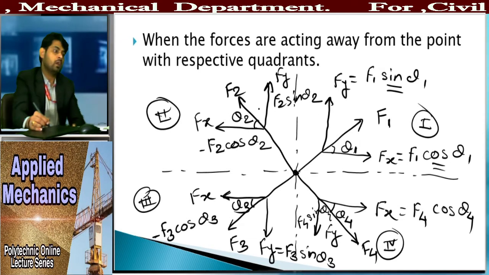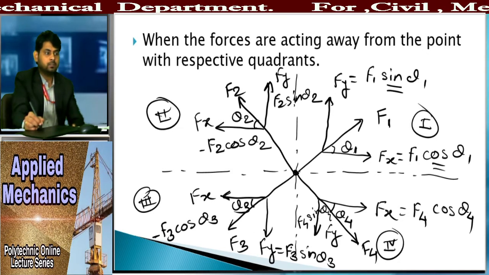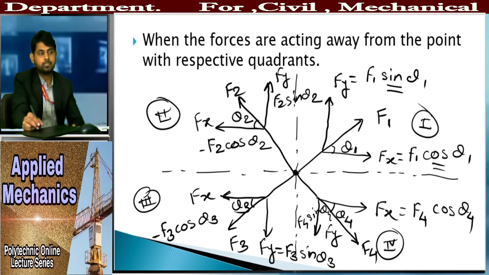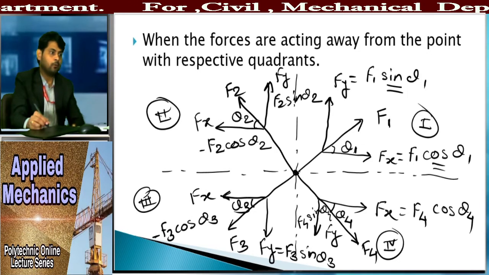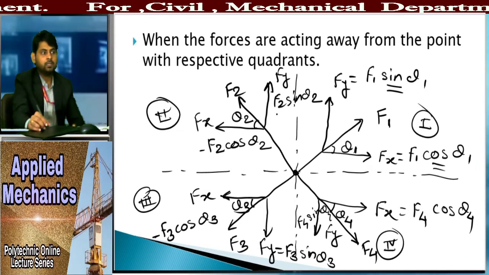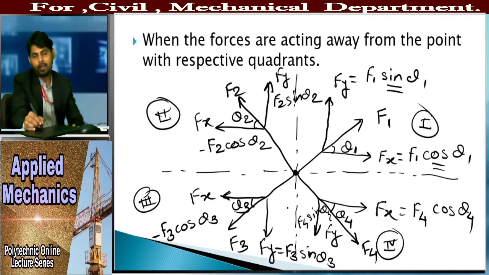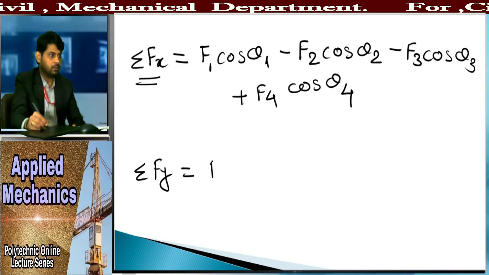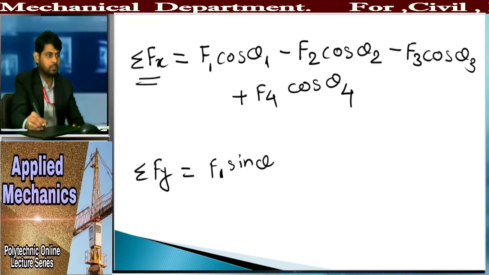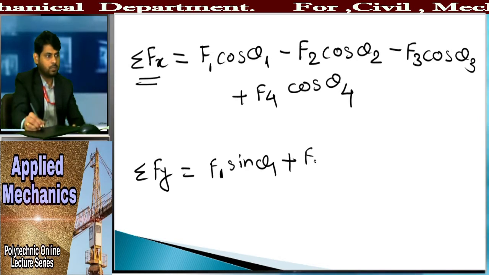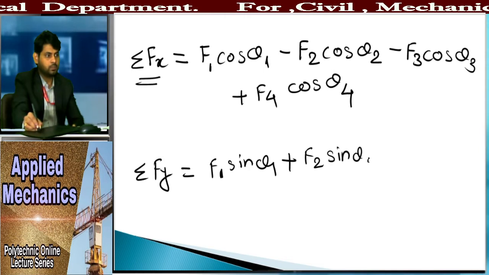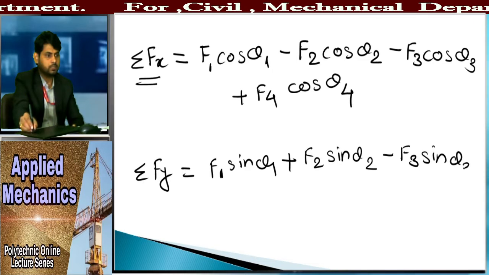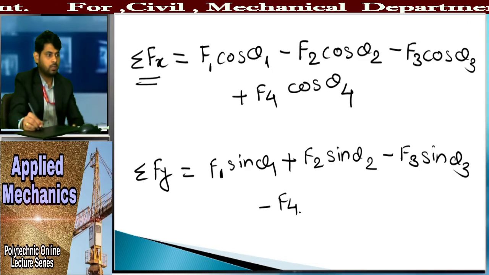After that, F3, here the value of y-axis is negative, and here also the value of y-axis is negative. So now we have to take F1 and F2 as positive and F3 and F4 as negative. So we can resolve these forces like this: F1 sine theta 1 plus F2 sine theta 2 minus F3 sine theta 3 minus F4 sine theta 4.